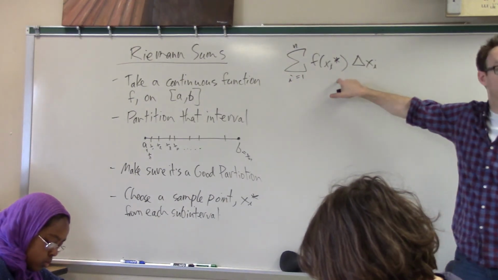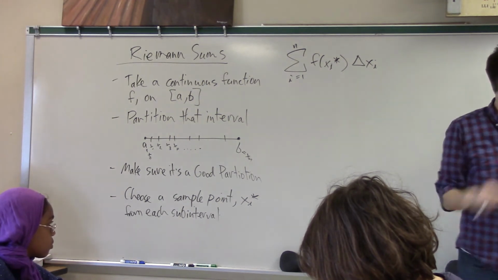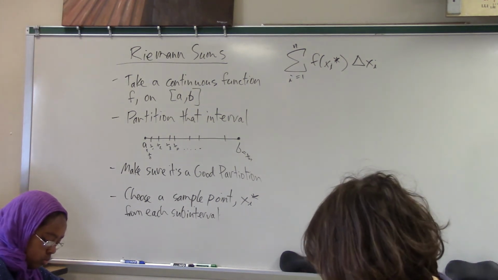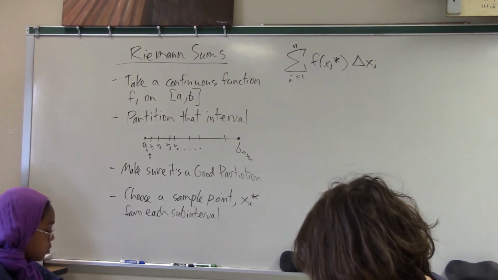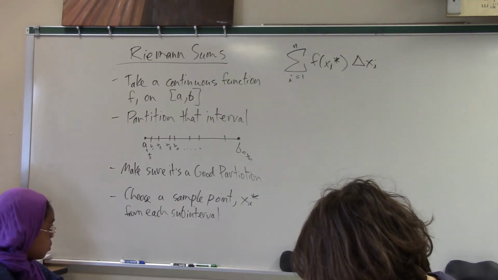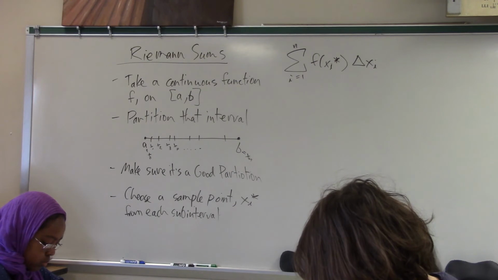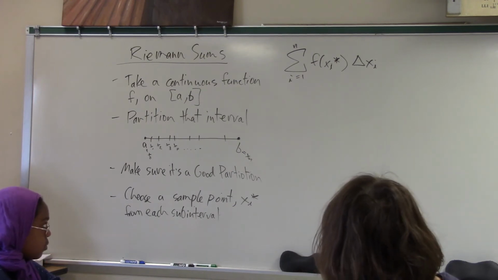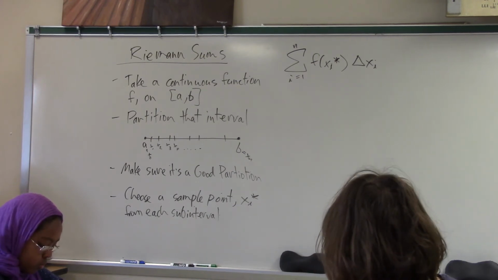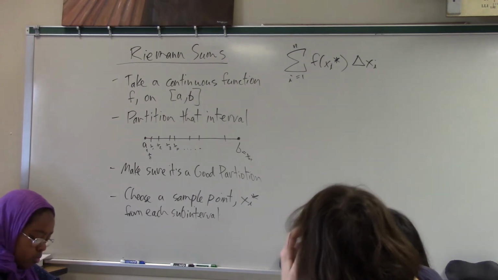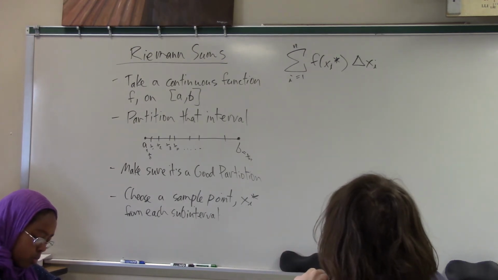This thing is called a Riemann sum. In words, a Riemann sum is the sum of products of widths of the subintervals in a good partition, times the values of the continuous function at a sample point drawn from each subinterval.